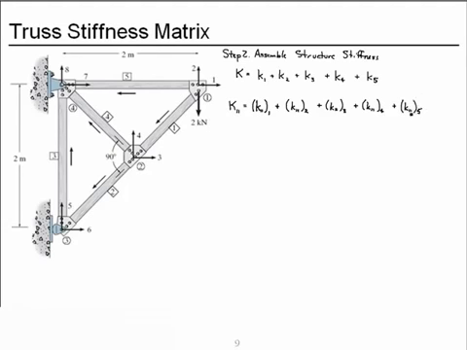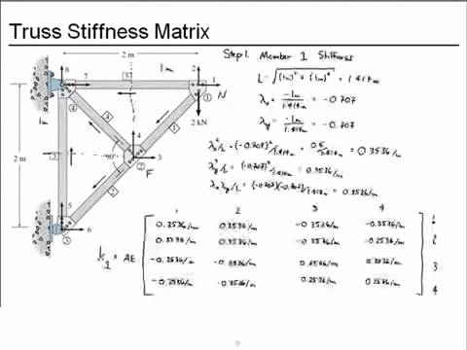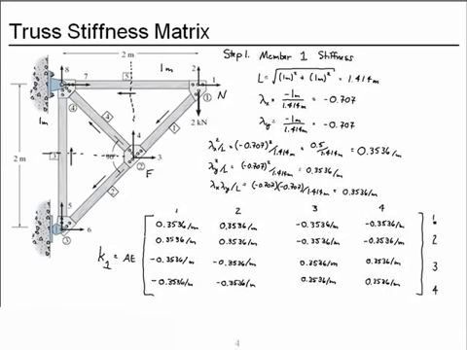And again, the subscripts 1, 1 refer to the force generated at degree of freedom 1 due to a unit deformation at degree of freedom 1. So if we look back at member 1, coefficient 1, 1 is AE times 0.3536 per meter.